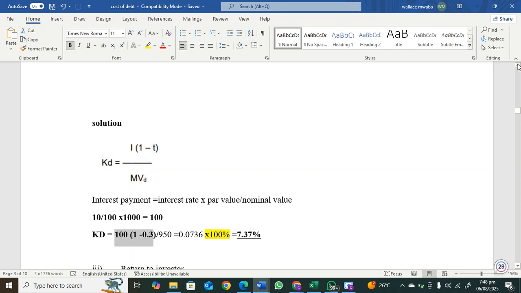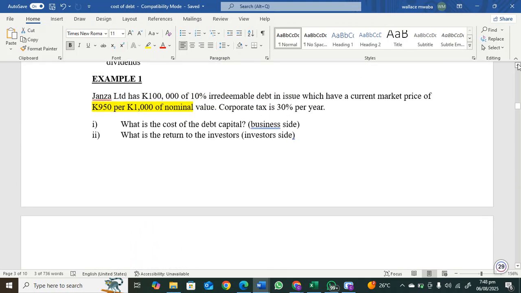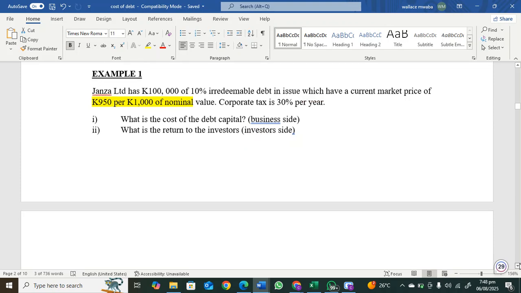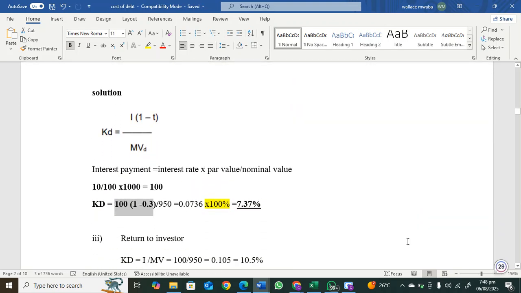They told us the tax rate is 30% per year, so it's put as 0.3. So the 100 kwacha interest payment, I, is multiplied by 1 minus T, divided by the market price of the debt, which is 950.